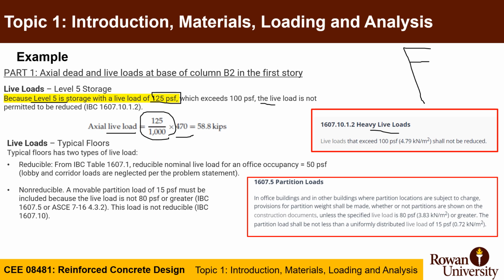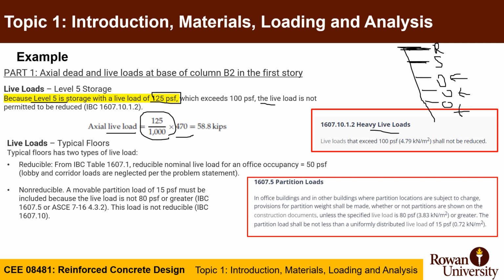If this is your roof, this is your storage, and you have office floors, office, office, and office. You already reduced the roof, storage is not reduced. Now you have to deal with the offices.